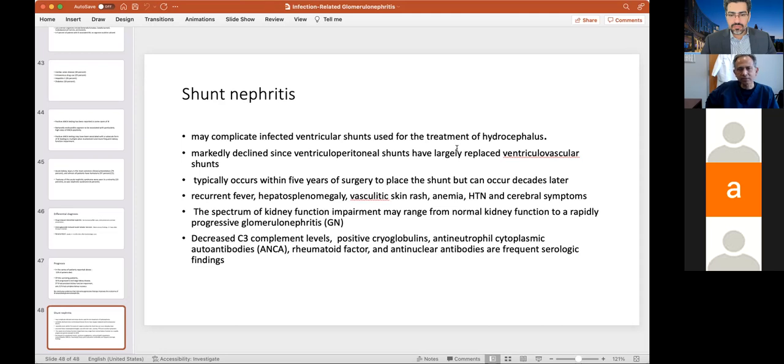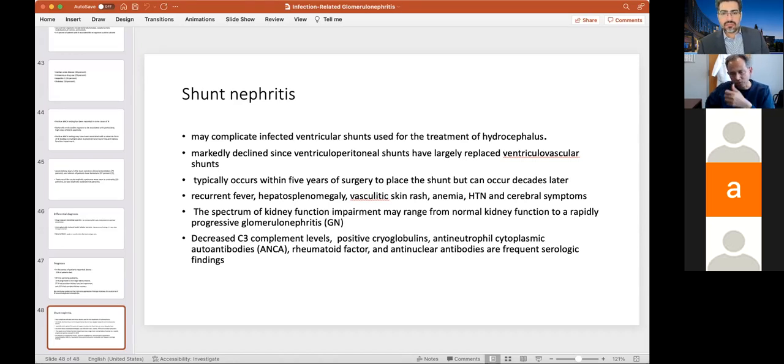It happens after 5 or even 10 years of having that shunt for hydrocephalus. It can present with fever, hepatosplenomegaly, rashes like vasculitis, and hypertension. Again, there will be decreased complement levels and all kinds of abnormal serology, like positive cryoglobulin, ANA, and rheumatoid factor.